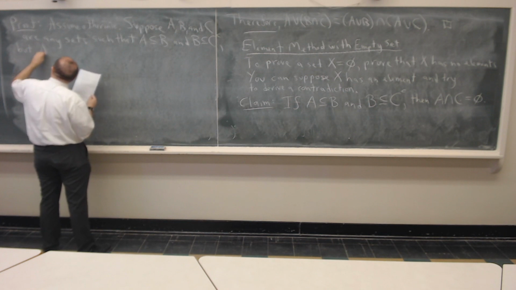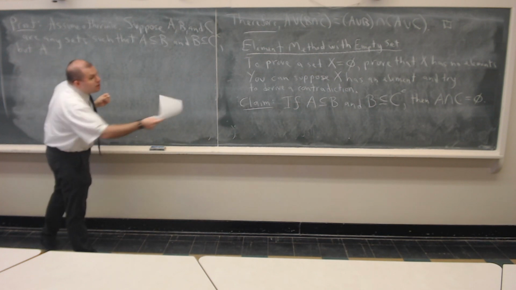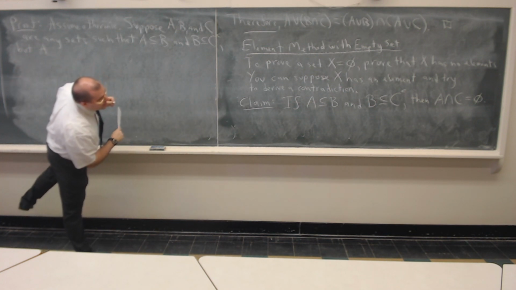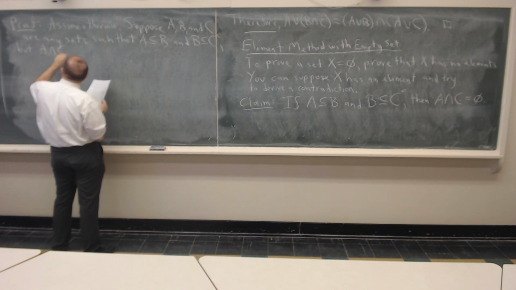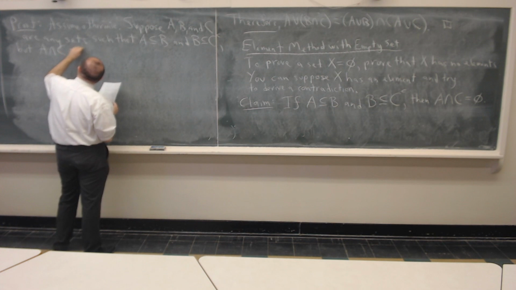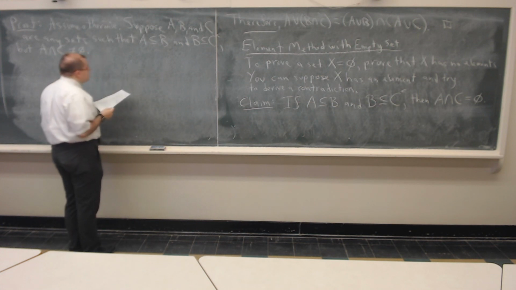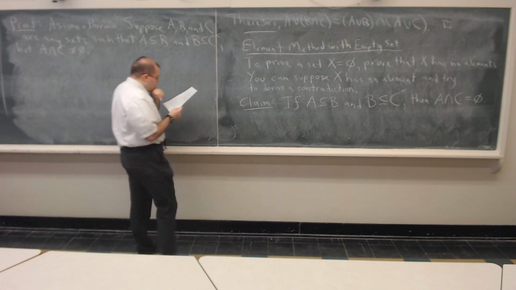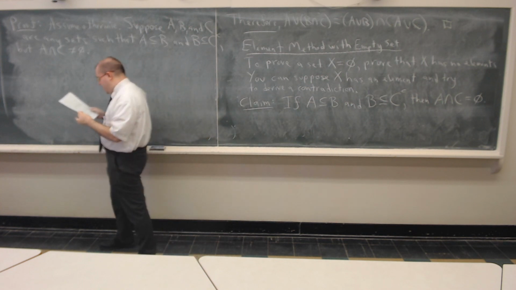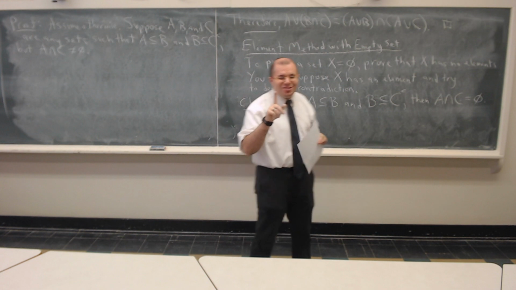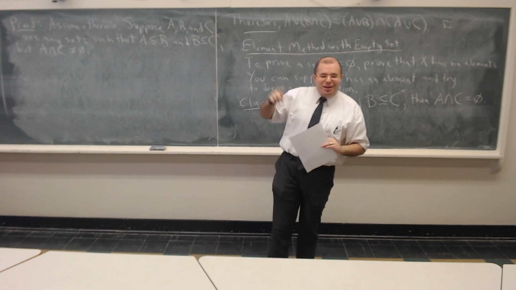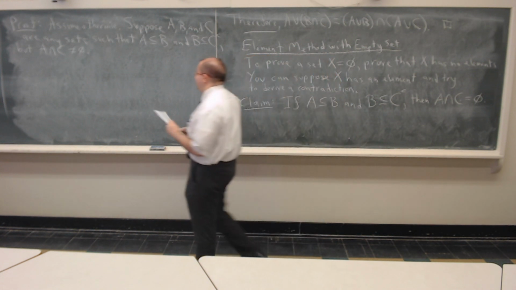But remember, I need to take the negation of the part after the then, right? So A intersect C is not equal to the empty set. So what are we going to do? Okay. So what I'm going to do is I'm just going to take all these bits and pieces and show you a very clever way that you could arrive at a contradiction. So here we go.